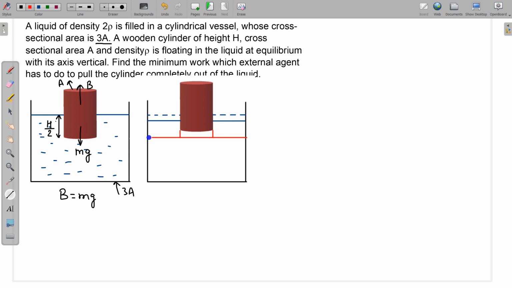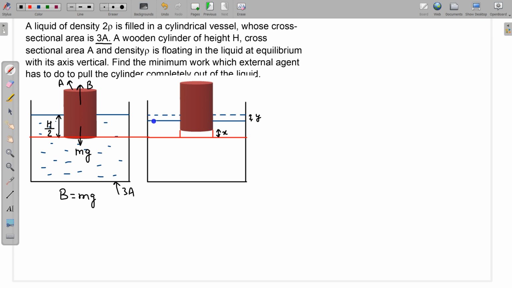Suppose this red line represents the initial position of the cylinder, and from here it moves vertically up by a distance x. In turn, the level of the liquid, which was initially here, comes down by a distance y from its initial position.